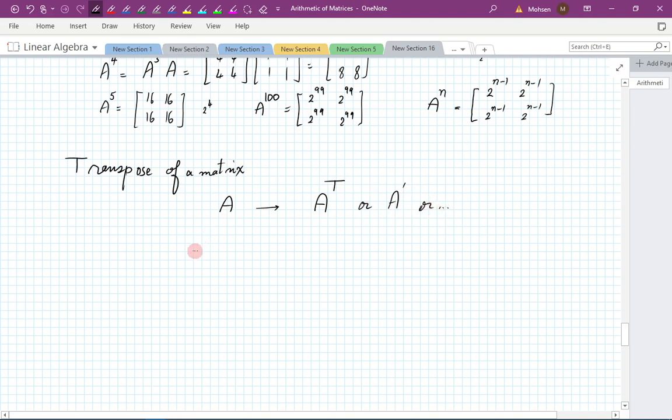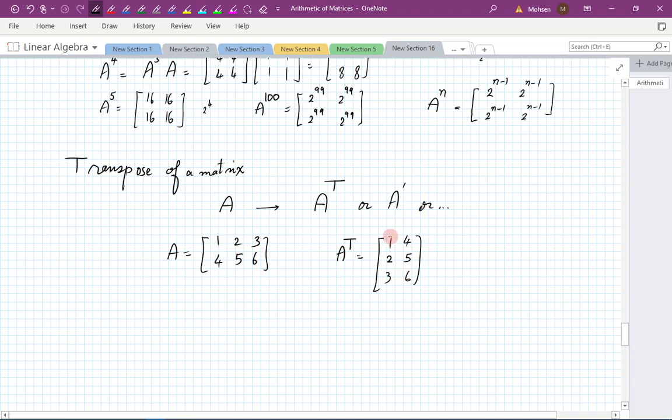What's the idea? Suppose A is 1, 2, 3, 4, 5, 6. A transpose is going to be a matrix that is made out of turning the rows of this thing into a column, and the columns of it into rows.